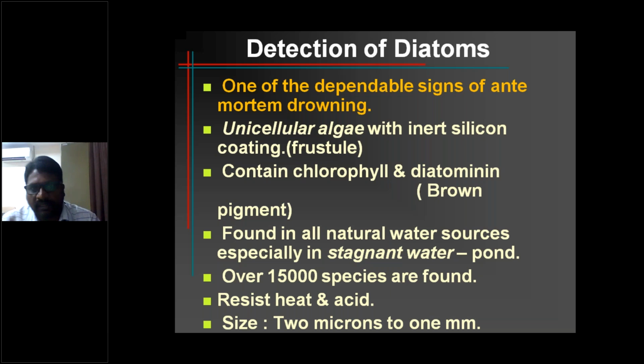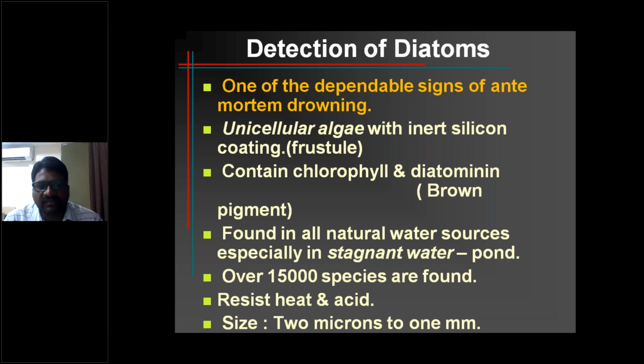This is a 4 marks question. Diatoms are unicellular algae with an inert silicon coating. They contain chlorophyll and diatomin, a brown pigment, and are found in all natural water sources, especially in stagnant water like ponds. Over 15,000 species are found, different types of unicellular algae, in different ponds.